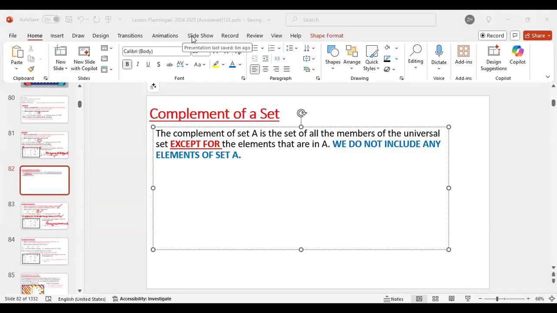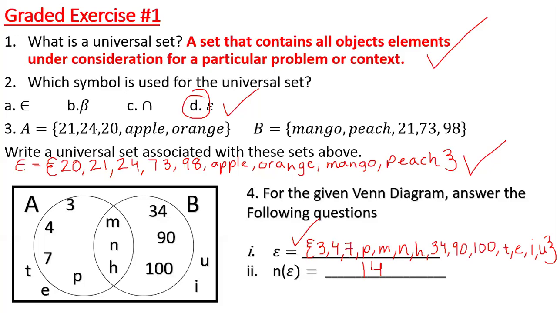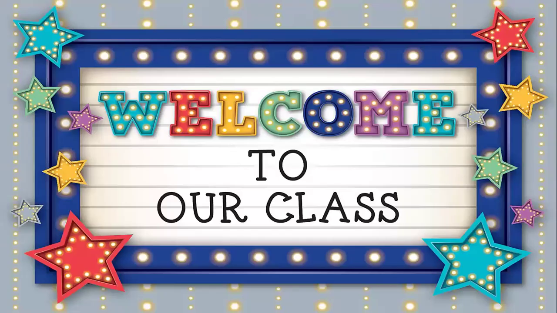We include everything else, but we do not include any of the elements in A itself. Would you still include the intersection? Because if you think about it, they are a part of set A too. We do not include the intersection either, because like you said, they are elements in A, so we can't include them. That makes sense? Good.